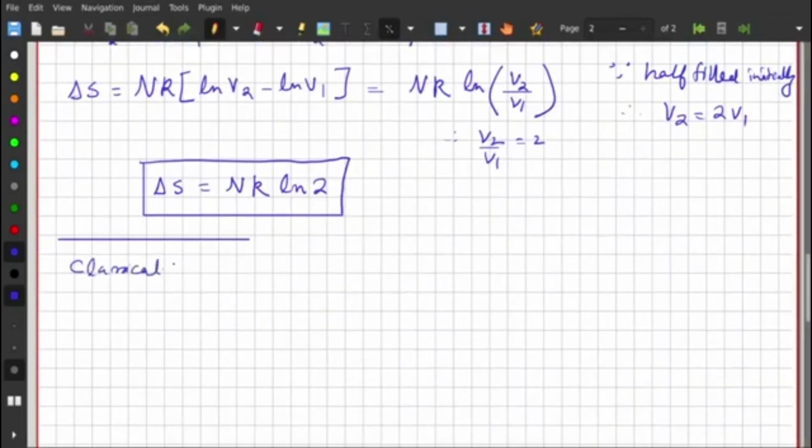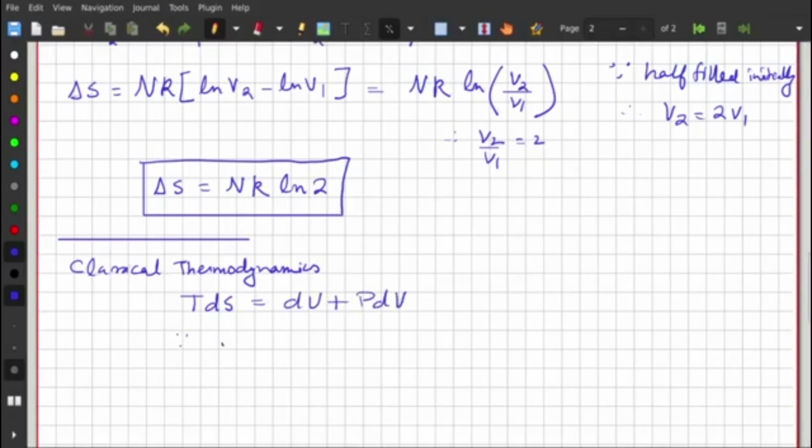So let's say from classical thermodynamics, let's use the TdS equation, which is given by dU plus P dV. Since dU is 0, it's an isolated system, and assuming an ideal gas, we have PV equal to nRT, where n is the number of moles.